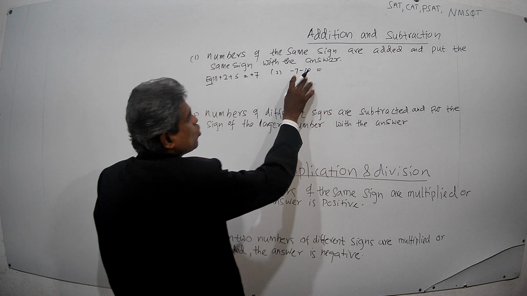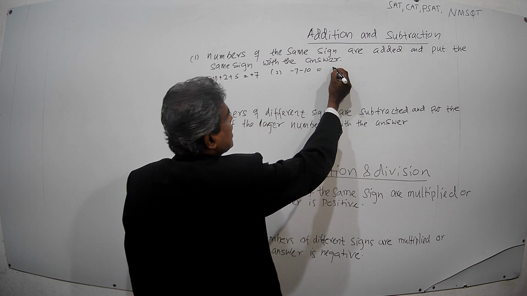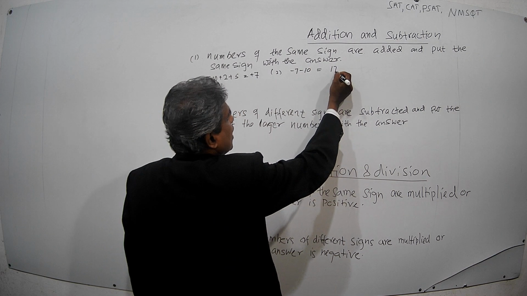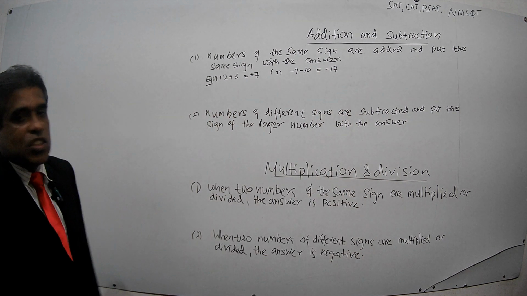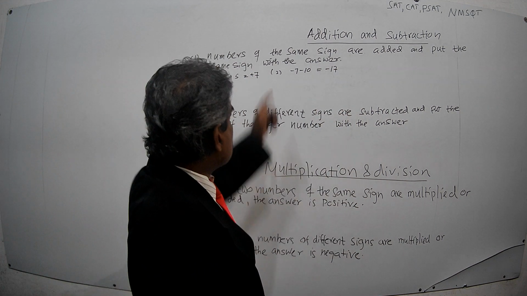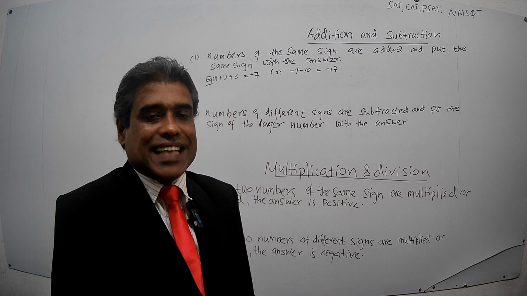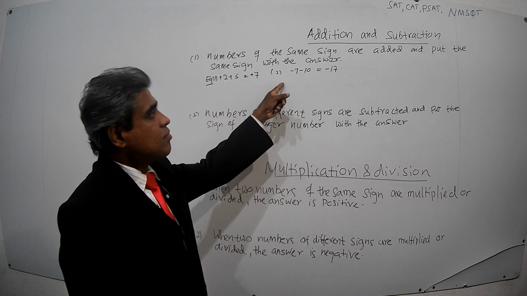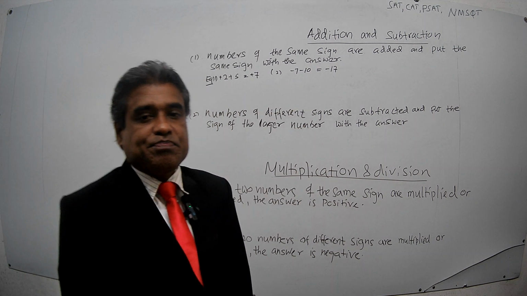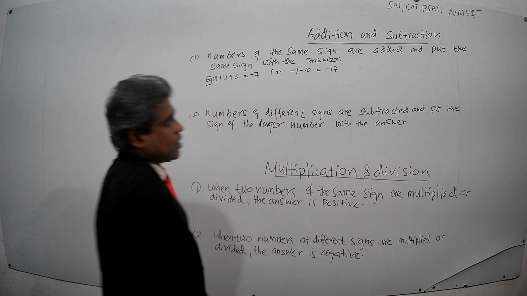You add these two numbers, 7 plus 10 is 17, and put the same sign, that is negative. That's all. This is how the first rule is applied to add or subtract directed numbers.